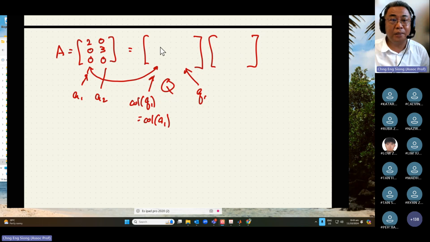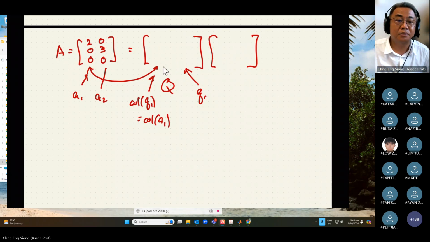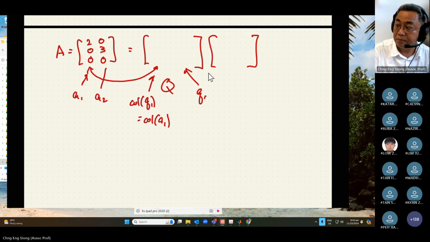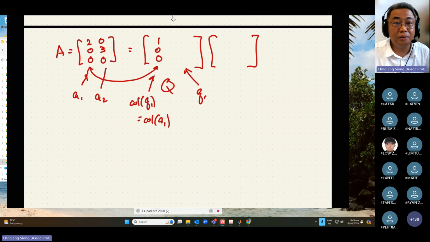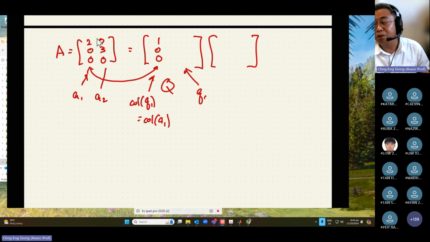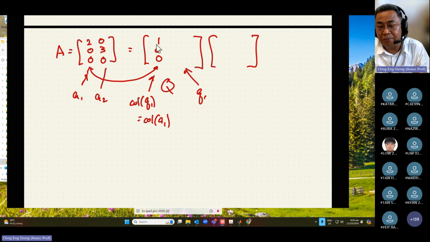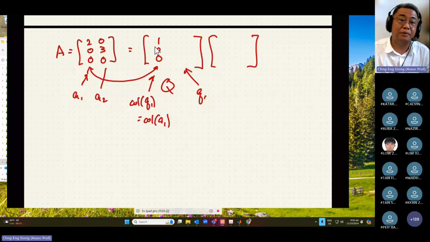So what values will I choose here? Yes, 1 0 0. Because it is just a normalized vector of this one. In fact, Gram-Schmidt always picks the first column, dumps it there, and normalizes it. That's the Gram-Schmidt approach.